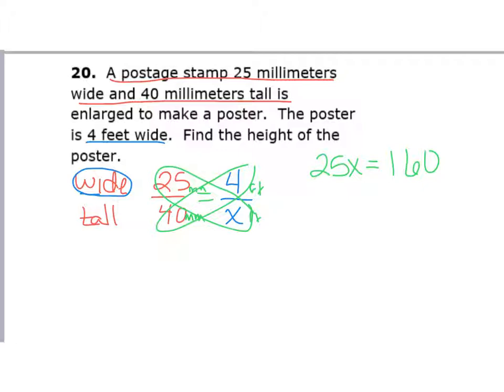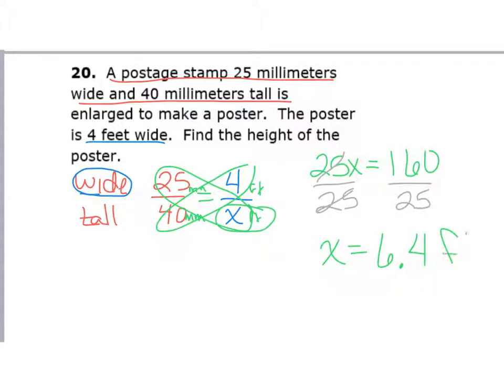So I end up with 25x equals 160. Divide by 25 on both sides, and x equals 160 divided by 25, which is a decimal, 6.4. And remember, we said our units would end up being feet. So the poster will be 6.4 feet tall.